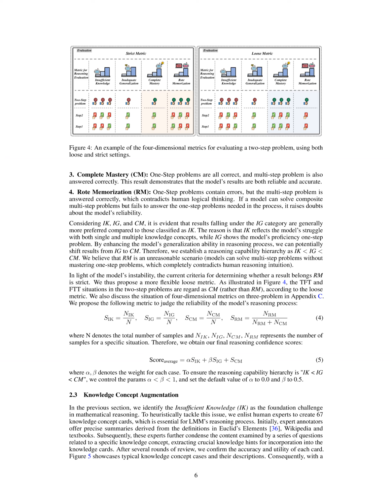Metric establishment. A reasoning capability hierarchy is established as IK less than IG less than CM, where models are evaluated based on their ability to progress from insufficient knowledge to complete mastery. The unreasonable scenario of rote memorization is also identified and addressed through a flexible, loose metric.